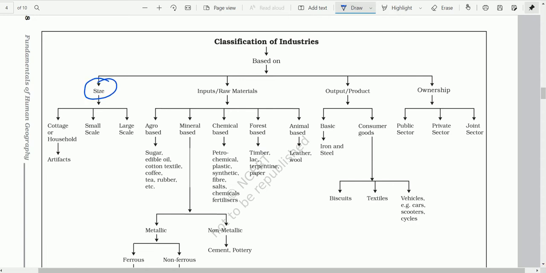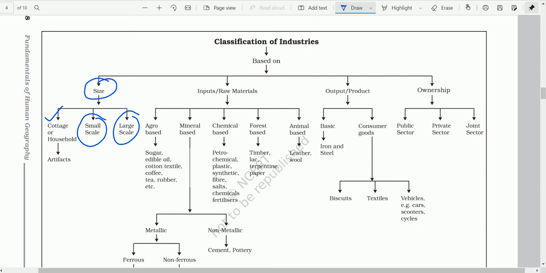Based on the size, industries are classified into cottage or household industries, small scale industries, and large scale industries. So based on the size, we have three types of industries.